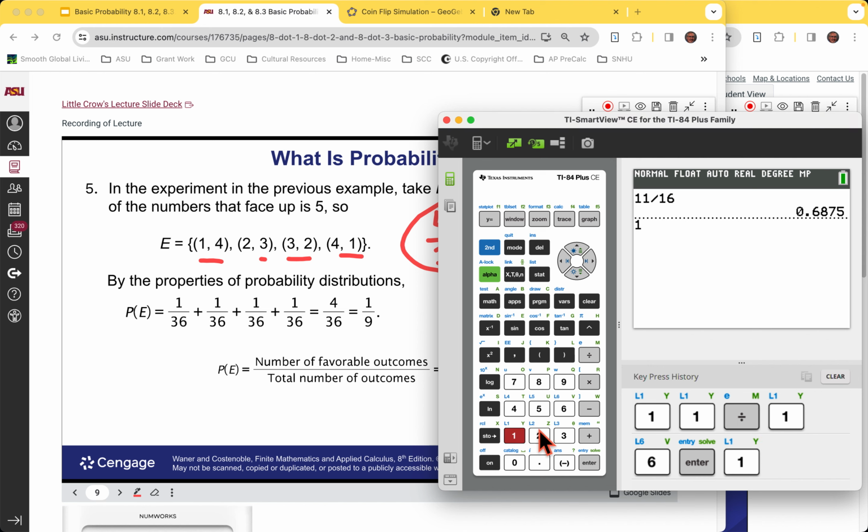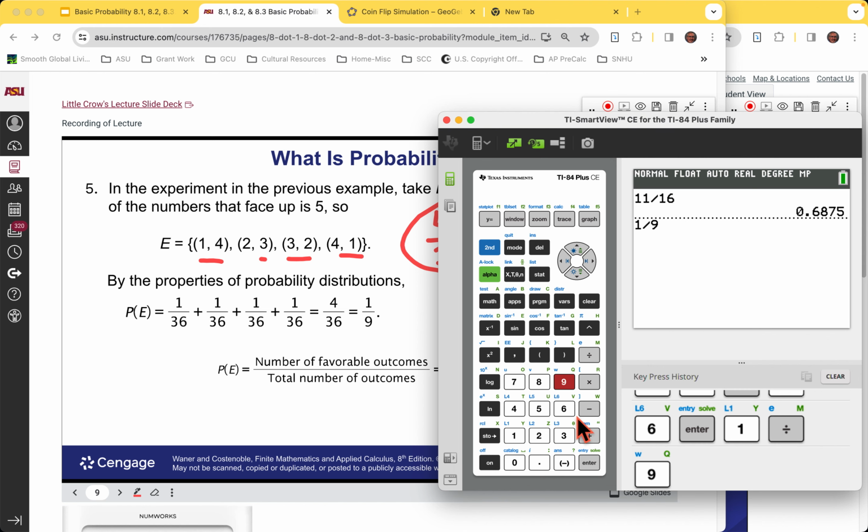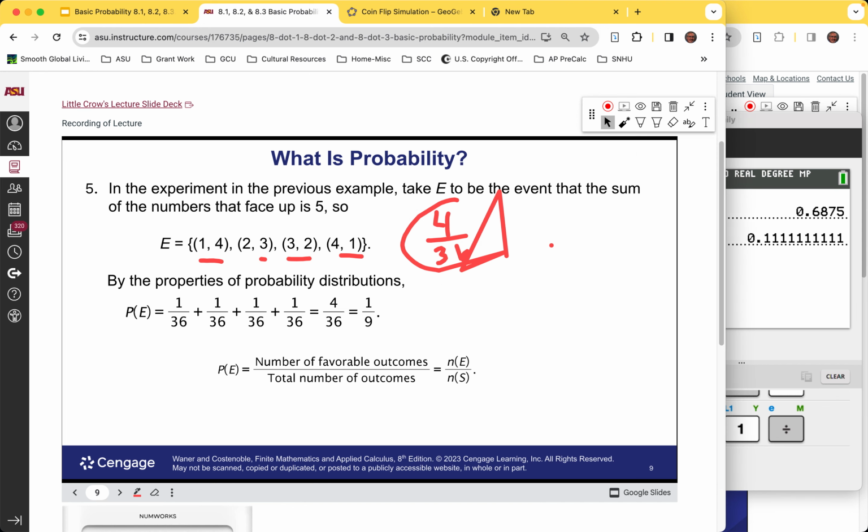Is that right? 1 divided by 9. Yeah, 0.111, a little over 11%. So if you play any dice games, there's an 11% chance of rolling a 5.